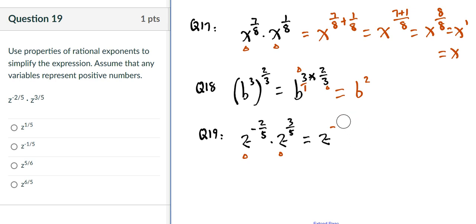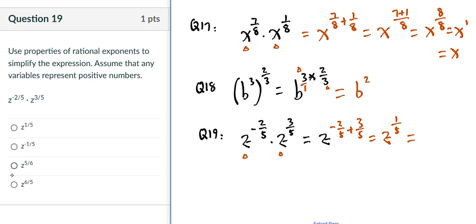Let me write negative 2/5 plus 3/5, which is z to the 3 minus 2, which is 1/5. And that would be the final answer. So it's the first one.